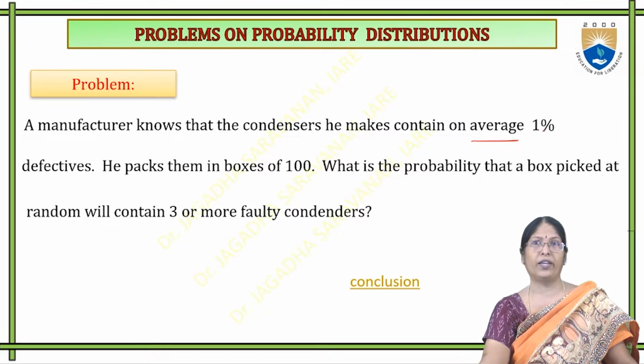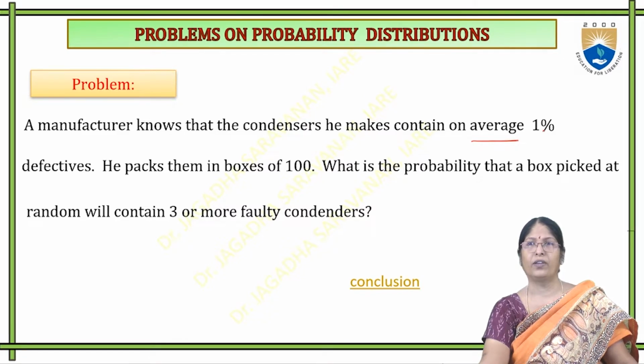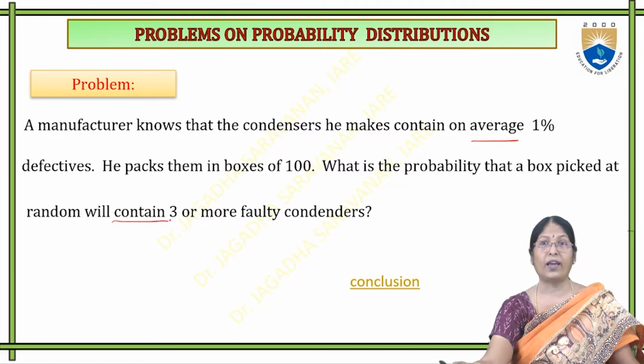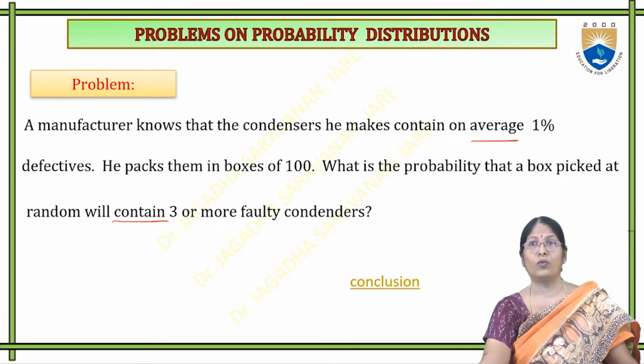So 1%, whatever he is manufacturing, that 1% is defective. This is the target given in the question, which we have to accept. In each box they are packing 100 condensers. What is the probability that a box picked at random will contain 3 or more faulty condensers?